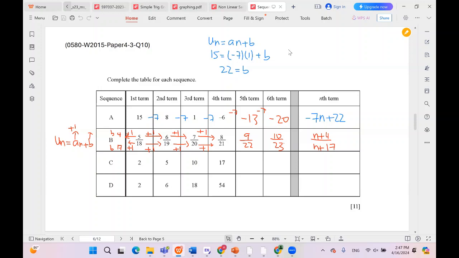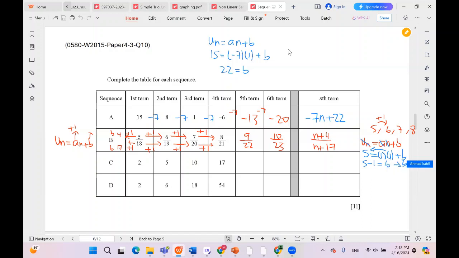Of course, you can do it using the standard way. So for the numerator, for example, I have 5, 6, 7, 8. We know that this is plus 1. We can write an plus b equals un. We can put un here as 5. And this is equal to 1. And this is equal to 1 plus b. So you take this to the other side. So 5 minus 1 equals b.